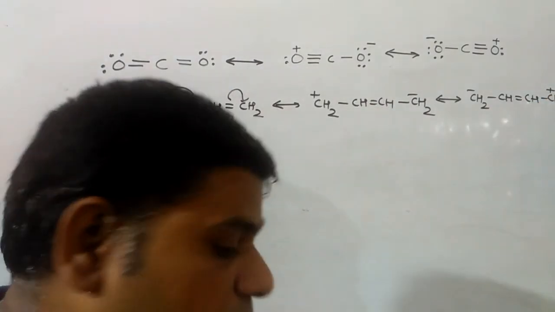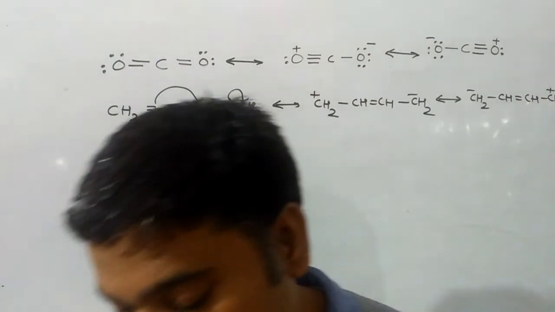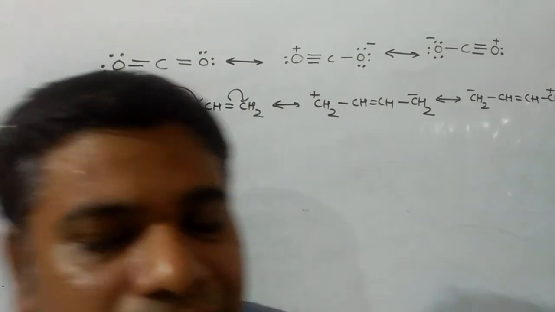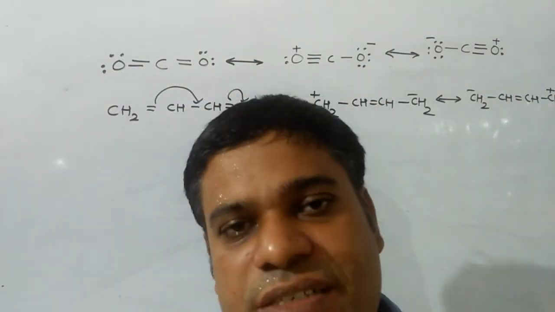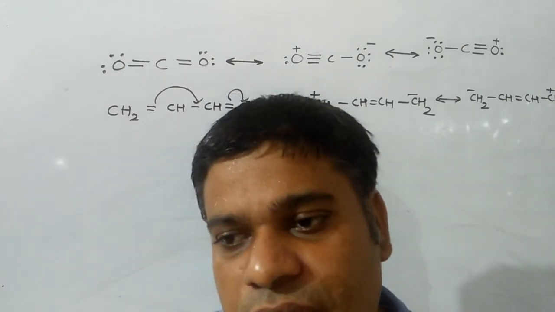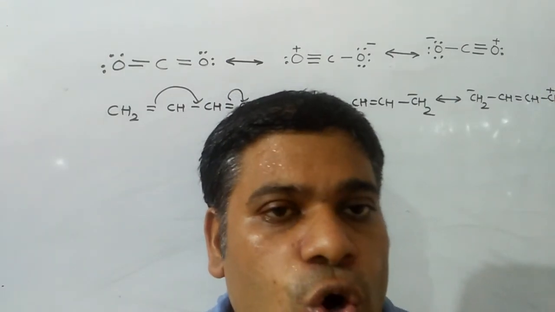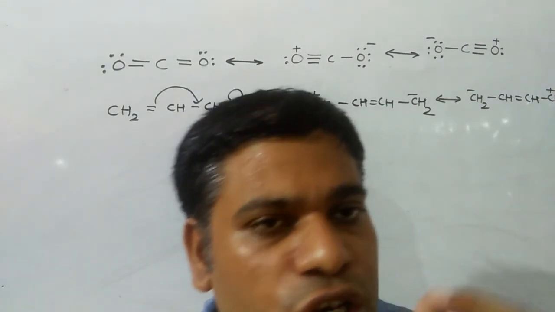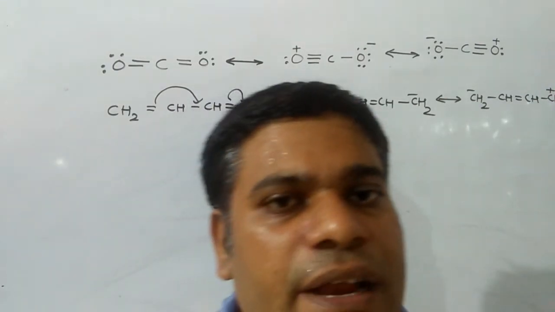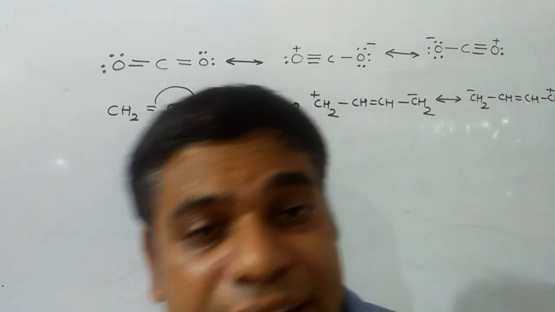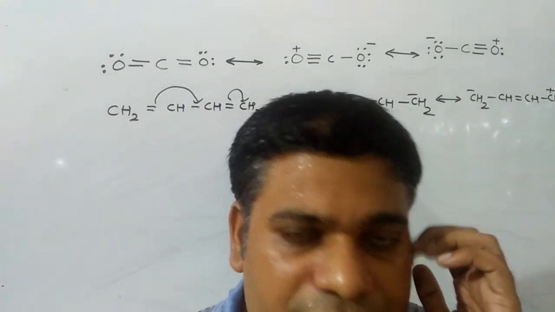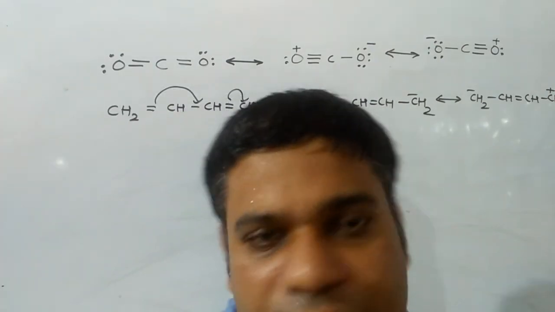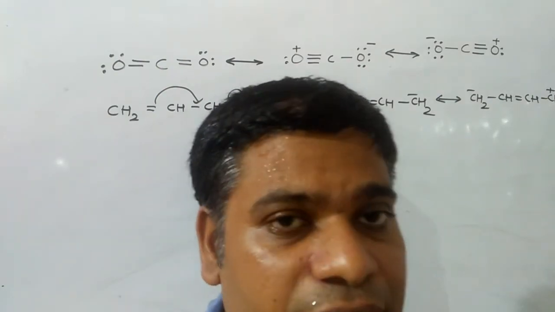Now we have to discuss the characteristics of resonance. Keep it in mind, all the resonating structures should have the same arrangement of atoms. All structures should have the same number of unpaired electrons, but they might have a difference in arrangement of electron pairs.